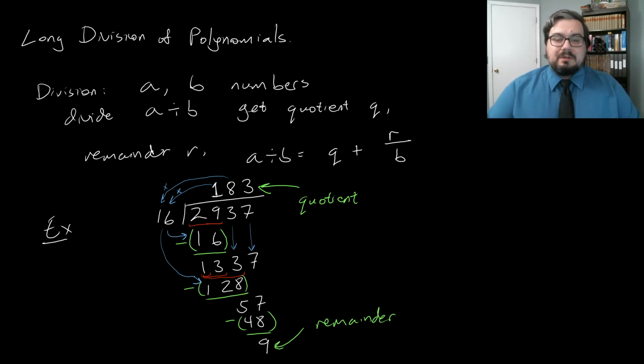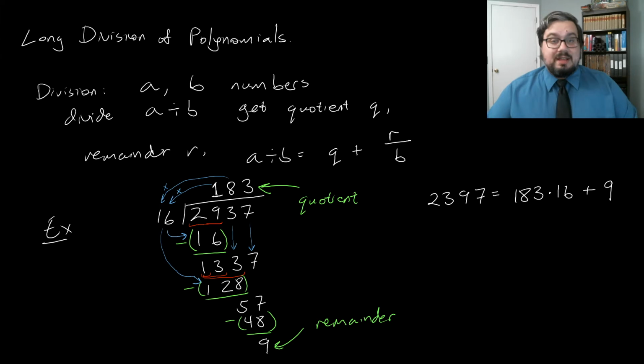And so we can say that 2,397 is equal to 183 times 16 plus 9. And that's really what the division algorithm tells us. It tells us how to write down the dividend in terms of the divisor, giving us the quotient and the remainder.